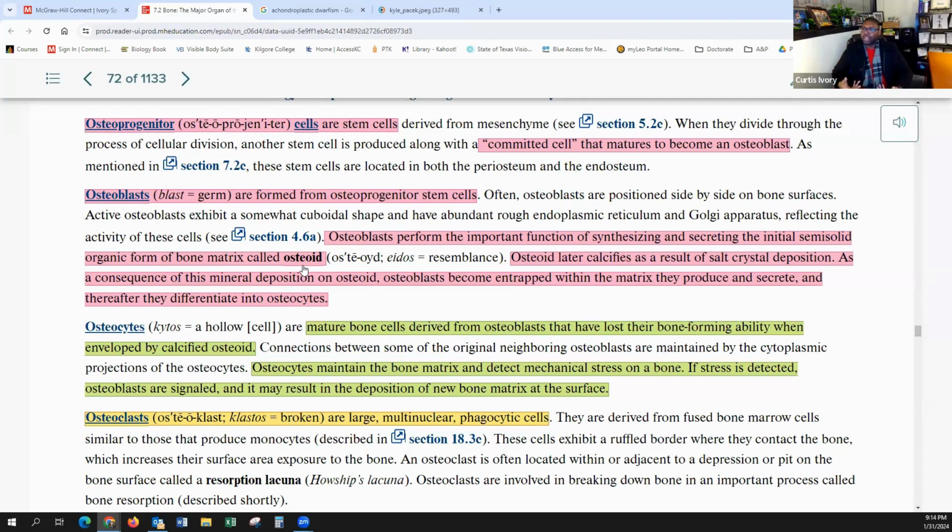After osteoblasts get trapped in this osteoid, they become osteocytes, or bone cells. So it's just changing a vocabulary. When they're osteoblasts, they are building the bone, but after they get trapped in the bone, they become osteocytes at that point.